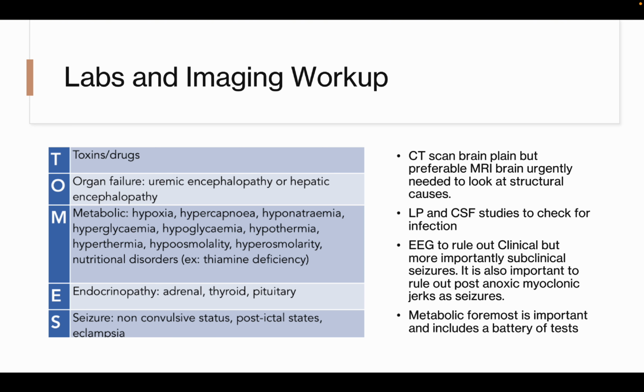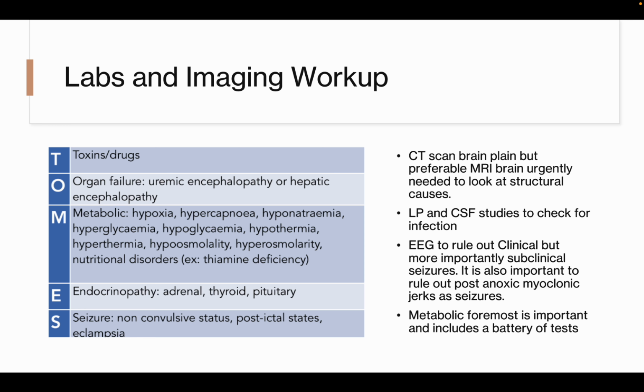And otherwise, if you're thinking to rule out, which you should in all the cases, metabolic or diffuse causes, then you have a very good mnemonic here that I've shown. So it goes by TOMES, in which T stands for toxins or drugs, so you use serum or urine tox screen. Organ failure, you have to look for uremic encephalopathy, so you check the urea levels. Hepatic encephalopathy, you can check the ammonia levels.